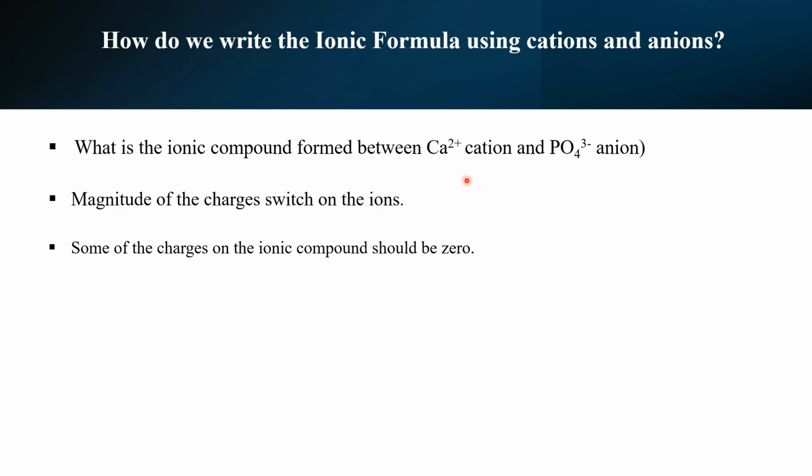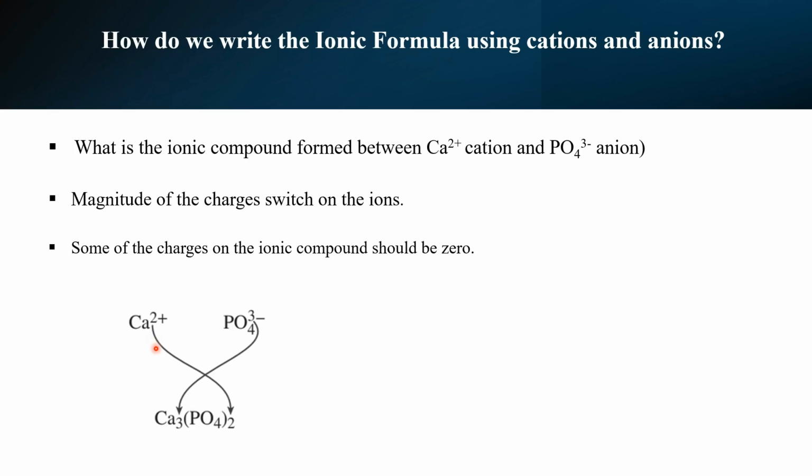So what is the magnitude of the charge on calcium? 2, the number 2. It's not the plus or minus sign, only the magnitude of the charge. Calcium 2 and phosphate 3. So we need to switch the magnitude of the charges. 2 goes with phosphate, that means we need 2 phosphate groups. 3 goes with calcium, that is 3 calcium ions in the compound.